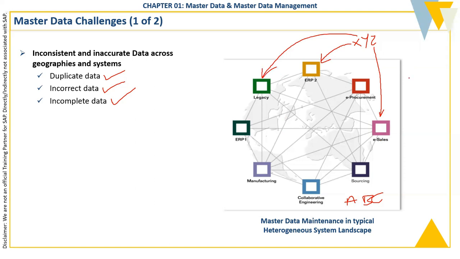When they are purchasing some product from different regions, maybe this is a global customer, they have the rights and licenses and everything. Then this customer information should exist here, here, and here. Let's assume that there is no central database.